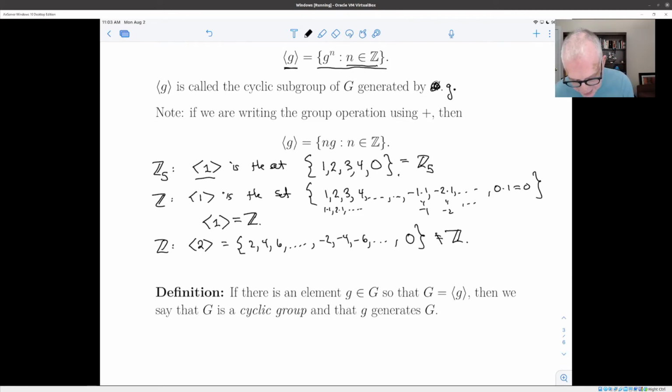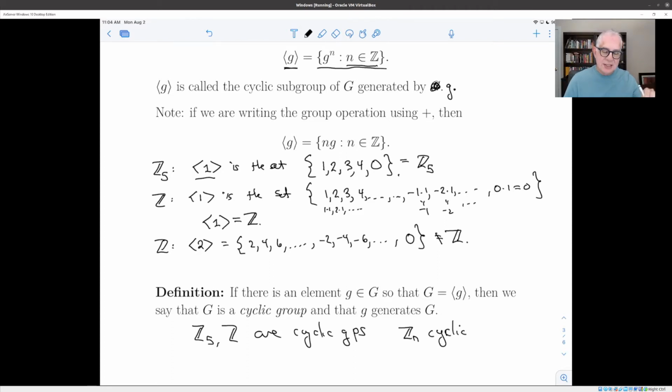So we see from this that Z5 and Z are cyclic groups. And actually, Zn for any n is cyclic, because if you start with 1 and you go 1, 2, 3, 4, 5, 6, all the way around to n minus 1, and then you add 1 again, you get back to n. Zn is also cyclic, and all of these groups are generated by 1.